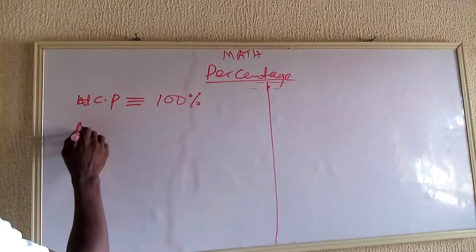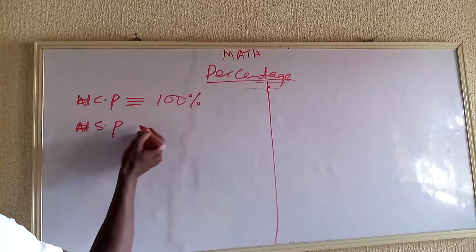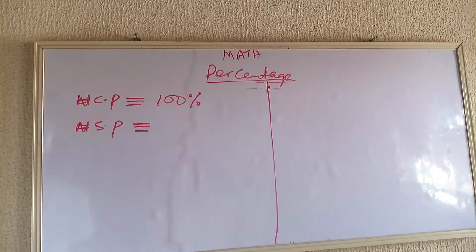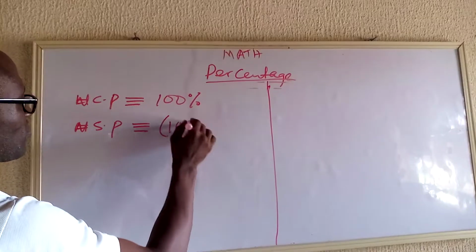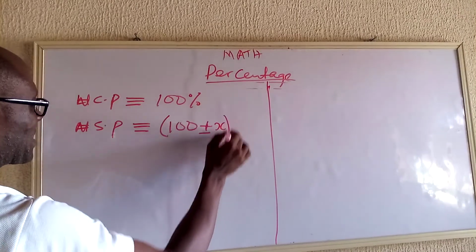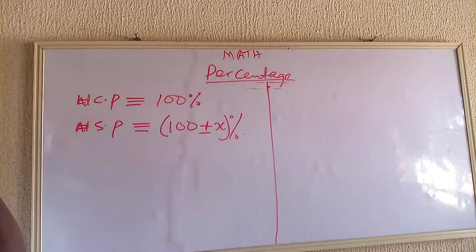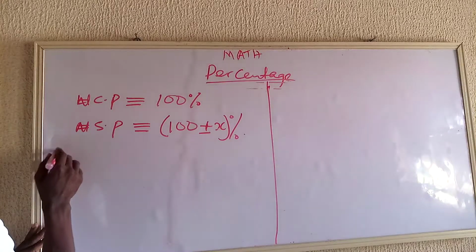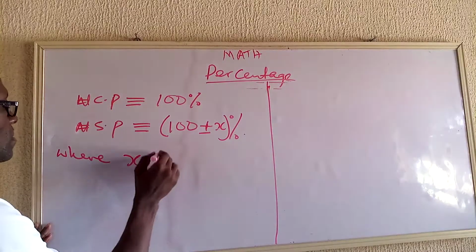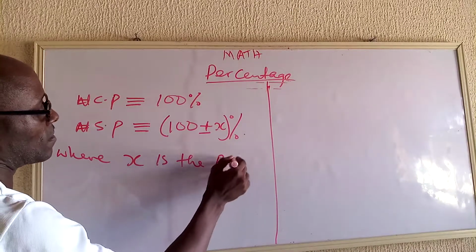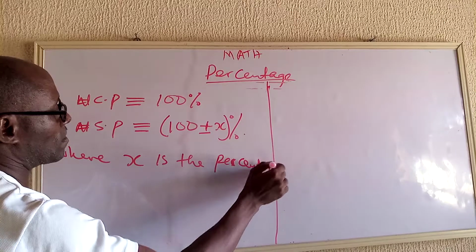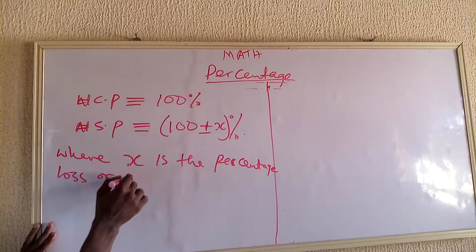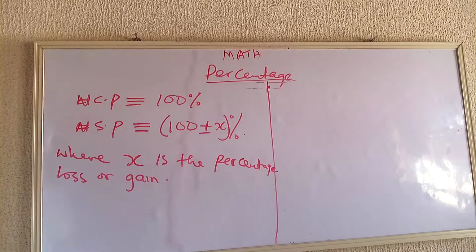Now, the selling price in naira or whatever currency you are dealing with will be 100 plus or minus X percent, where X is the percentage loss or gain.